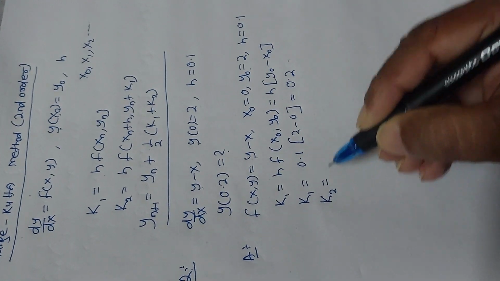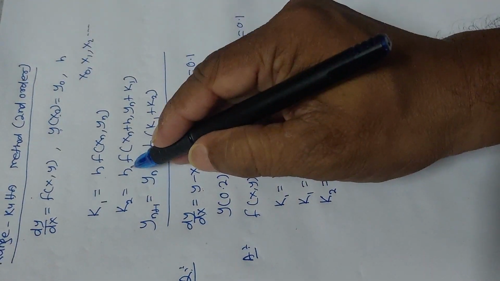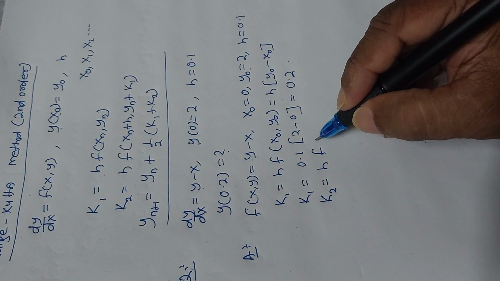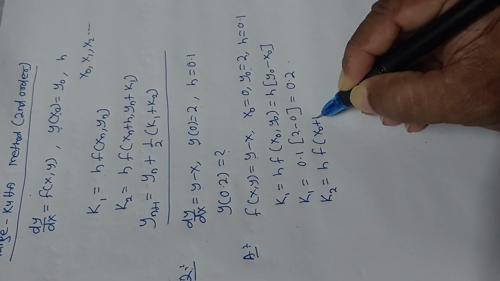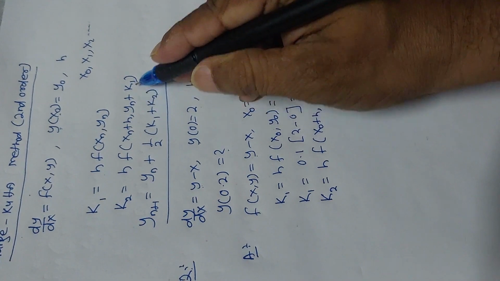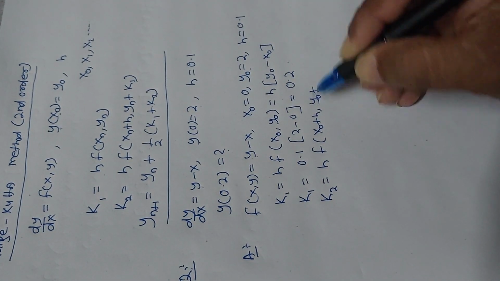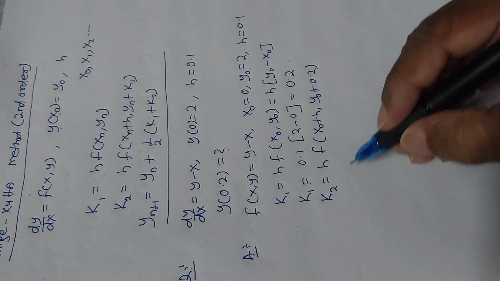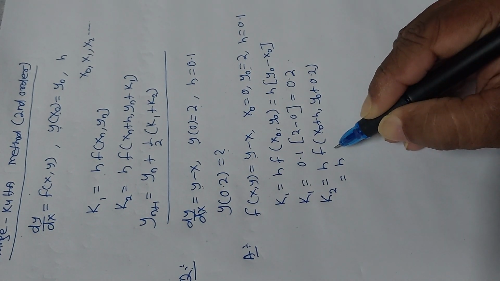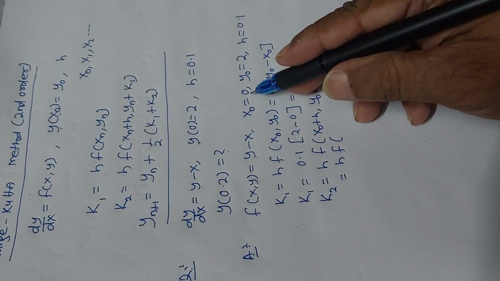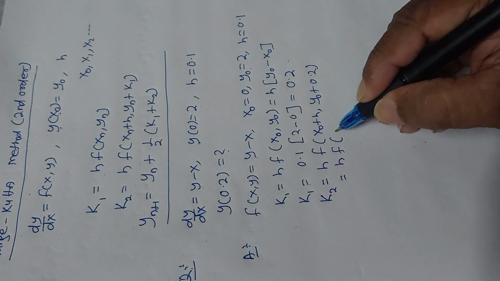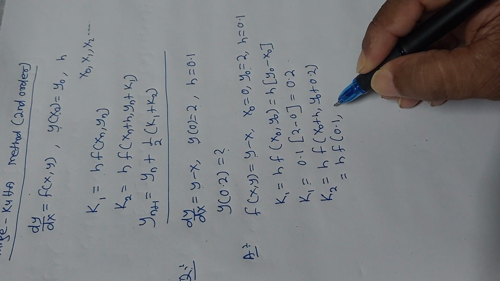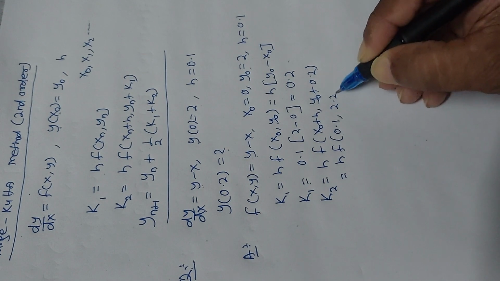Now, what will be the value of k2? K2 will be, as per the procedure, h into f of xn plus h, yn plus k1. Here it will be x0 plus h, y0 plus k1, where k1 is 0.2 from the previous step. So, h into f of 0 plus 0.1, that is 0.1, and 2 plus 0.2, that is 2.2.